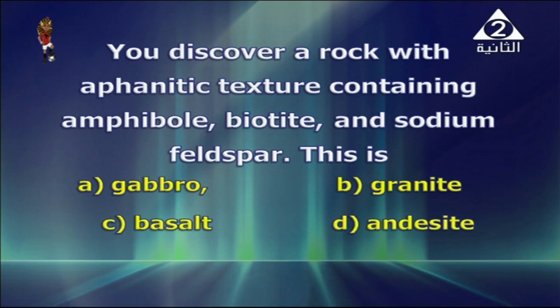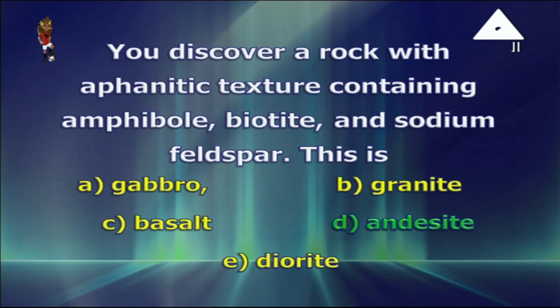With this type of texture and the heavy elements here like biotite and sodium feldspars, it is the andesite. It's not diorite, granite, gabbro, or basalt. It is the andesite.